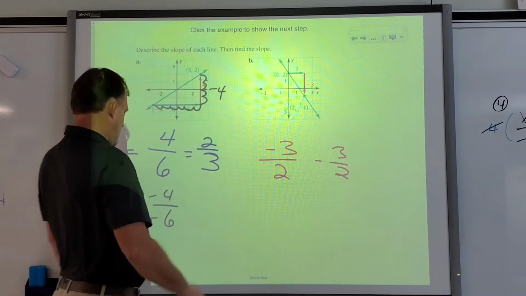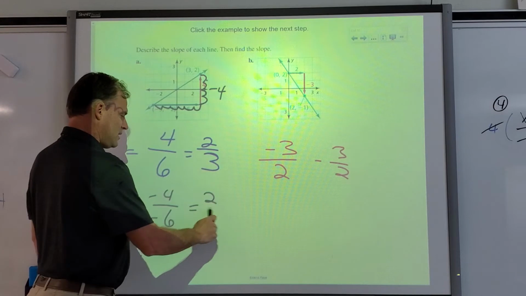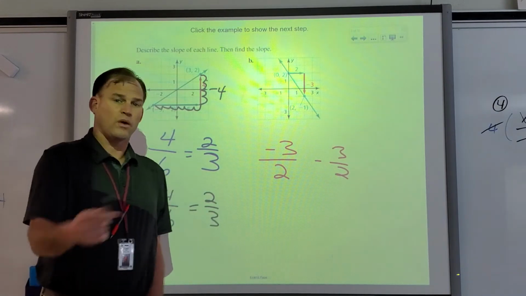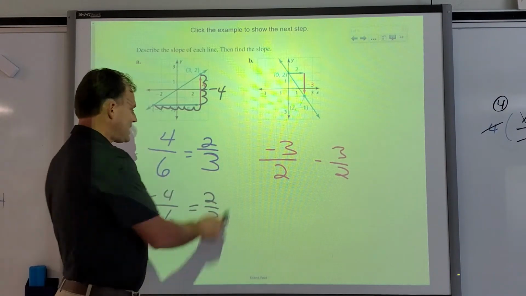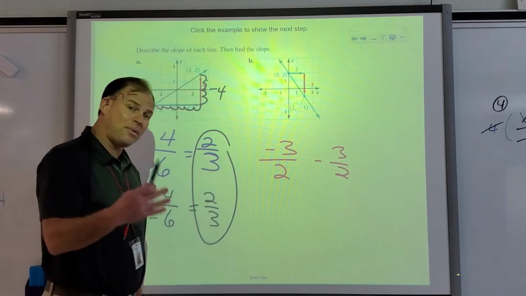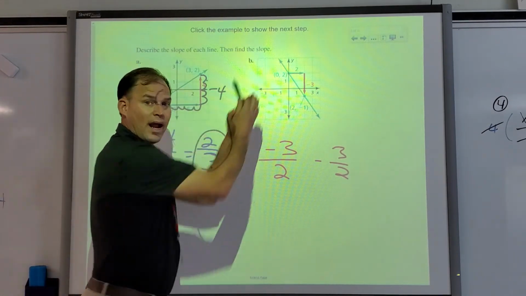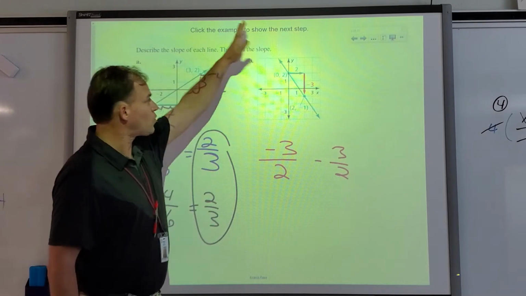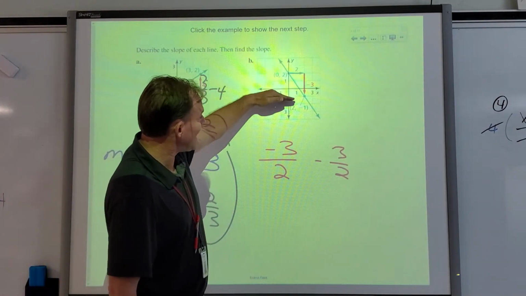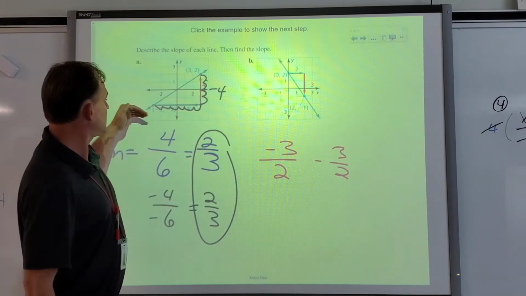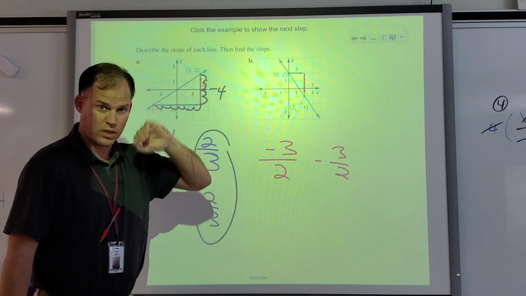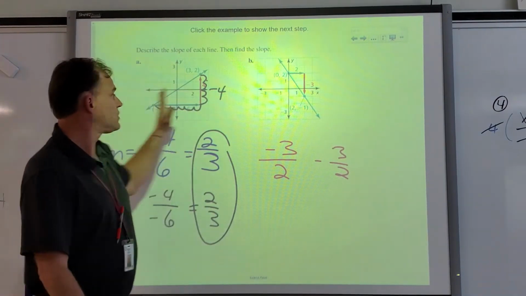Okay? 2 negatives make positive 2/3. So if you count backwards, you're still going to get the same answer. But again, I want you to get used to reading graphs left to right. This is down and right. This is up and right. Read your graphs left to right.